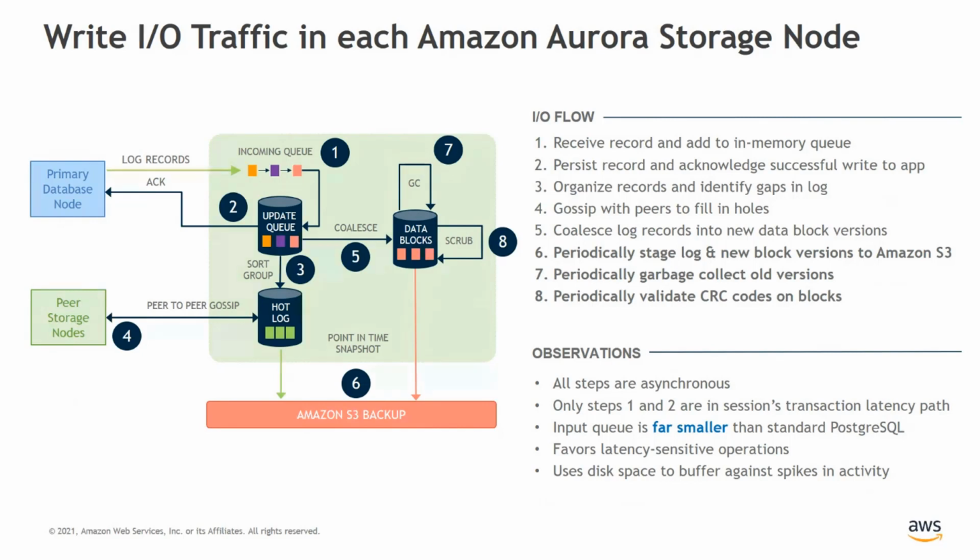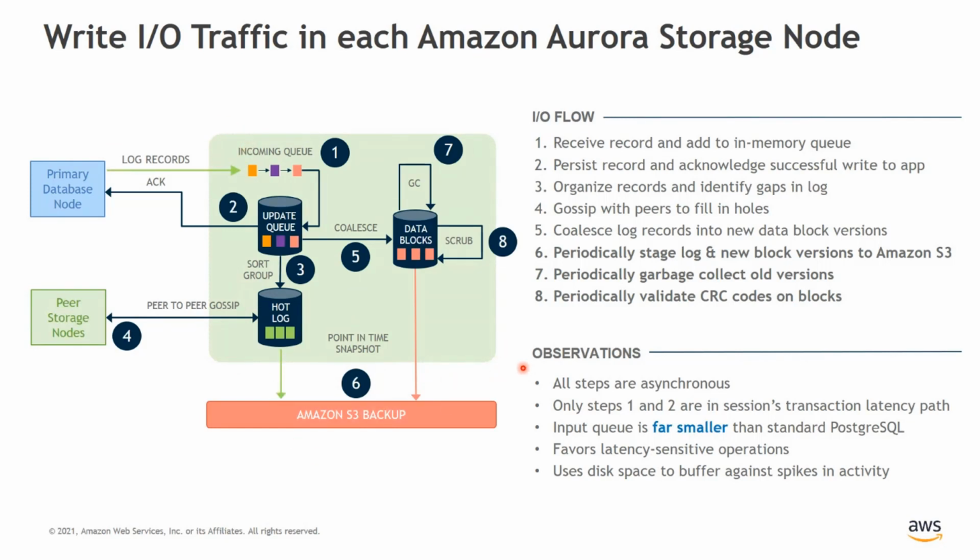If we dig in a little bit into each storage node, I also wanted to share a little bit about that workflow because it has some impact on high availability. As we see, log records are transferred from the writer node into a storage node, which is this whole block here.